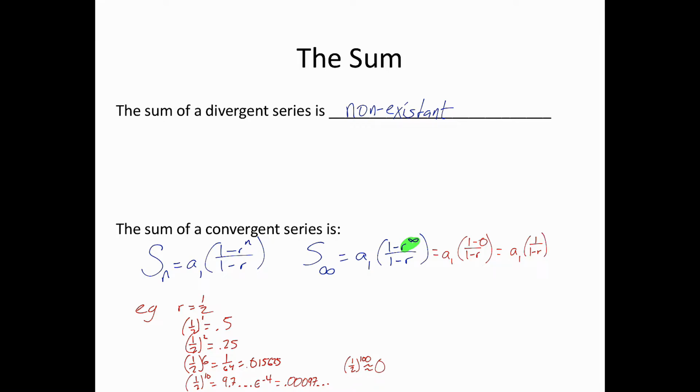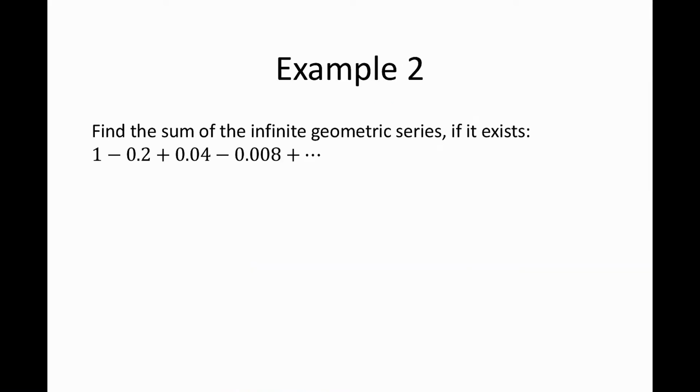And we can clean that up a little bit more. Instead of saying S sub infinity, we're just going to say S equals a sub 1 over 1 minus r. It's kind of a weird concept that even though we're dealing with literally an infinite number of terms being added together, the formula is actually simpler than if we were adding up a finite number of terms together.